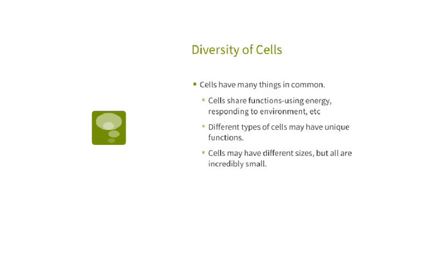So diversity of cells. So you should hopefully have a little bit of background knowledge about cells. You should know that not all cells are the same. Okay, they have many things in common. So they can share functions like they use energy, they respond to the environment, they reproduce, different things like that. But different types of cells, even within your same body, have different unique functions. So we have nerve cells in our body, and we have epithelial cells in our body, and we have digestive cells in our body.